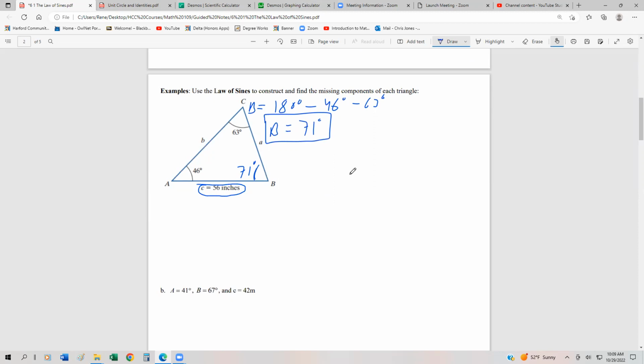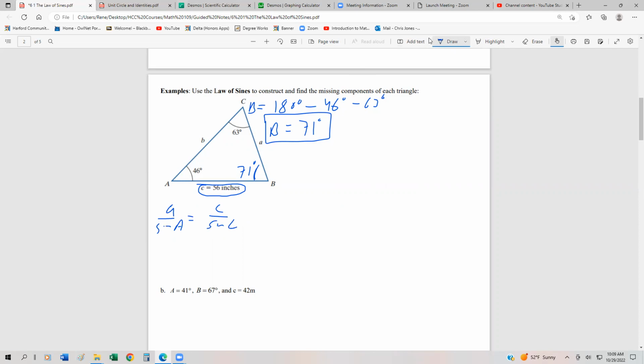So sine of A divided by A is equal to sine of C divided by C. If I'm solving for a side, in this case side A, it might be easier to use the reciprocal. Let's write this as A over sine A is equal to C over sine C. So we're just going to use that part of the law of sines.